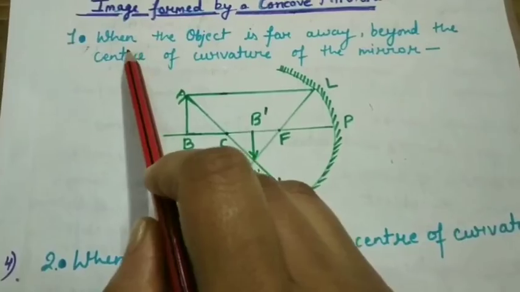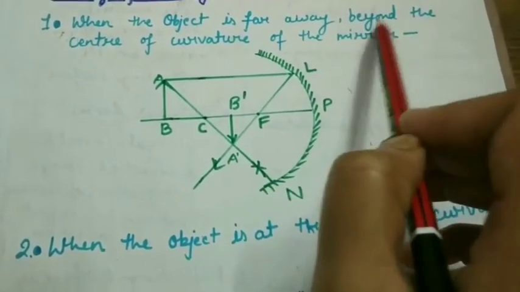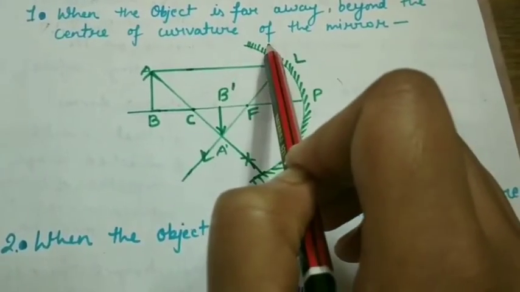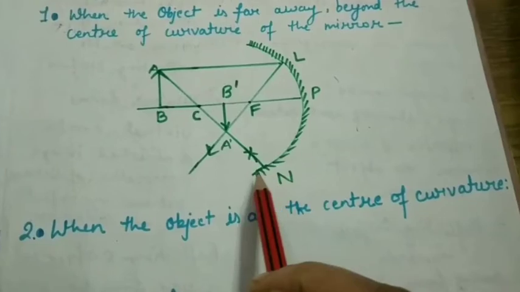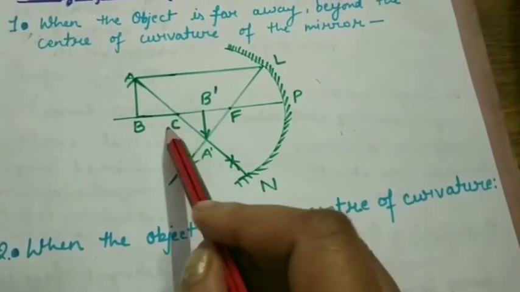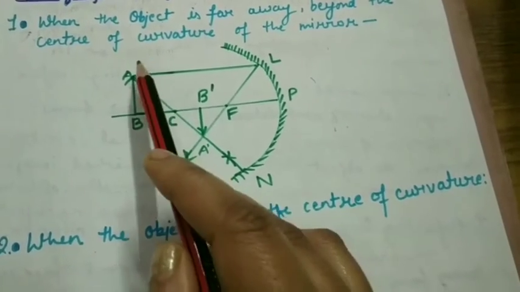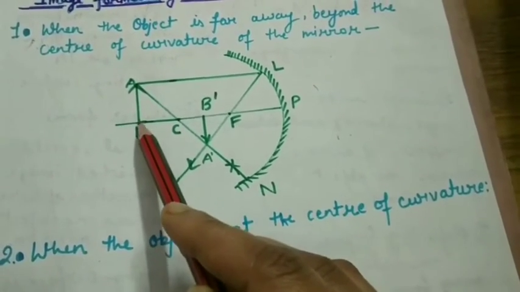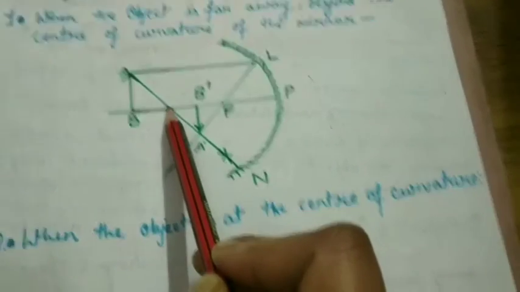So the first condition is when the object is far away, beyond the center of curvature of the mirror. Like, this is your concave mirror, okay? Here is the center of curvature. And an object like AB, where is it situated? It is far away from the center of curvature.